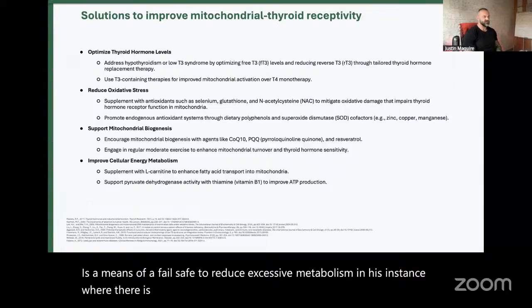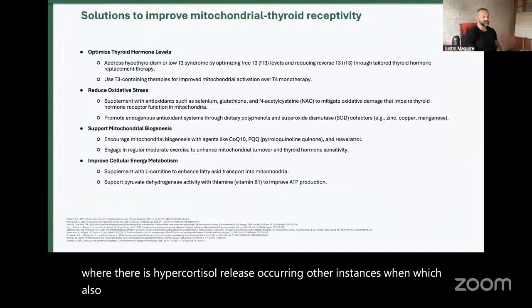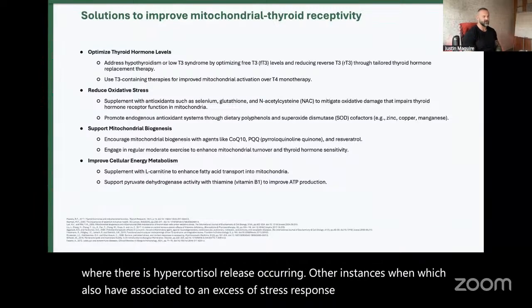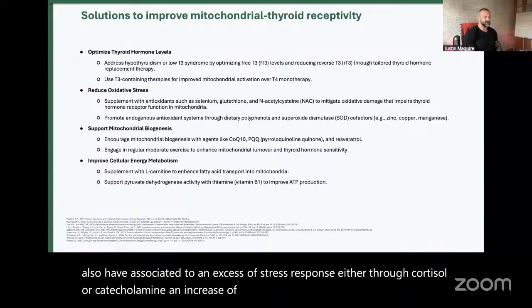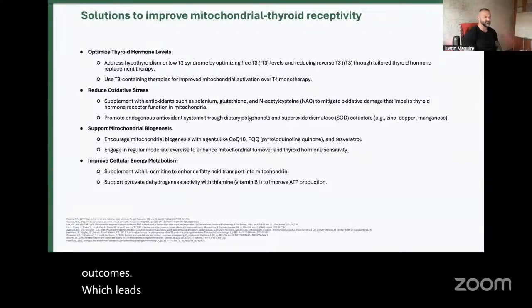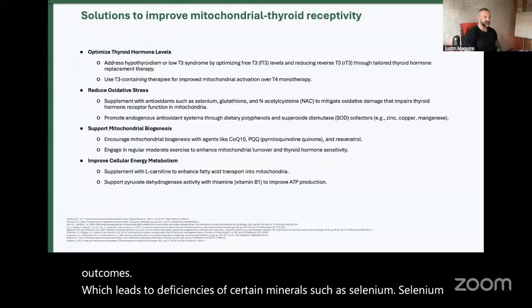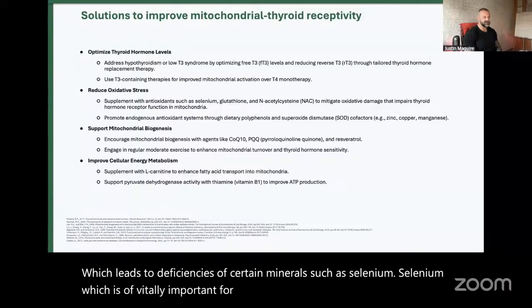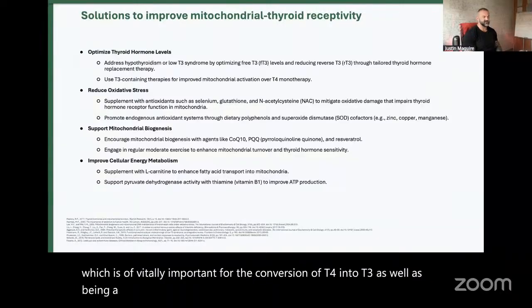Other instances associated with an excess stress response, either through cortisol or catecholamine, often see an increase of free radicals, which leads to deficiencies of certain minerals such as selenium. Selenium is vitally important for the conversion of T4 into T3, as well as being a very important precursor to selenomethionine, which has highly potent antioxidant outcomes.